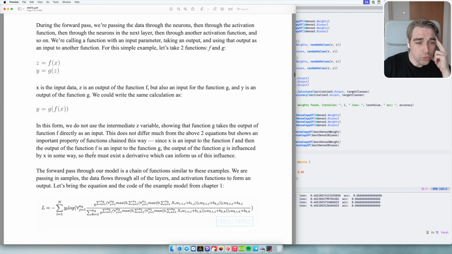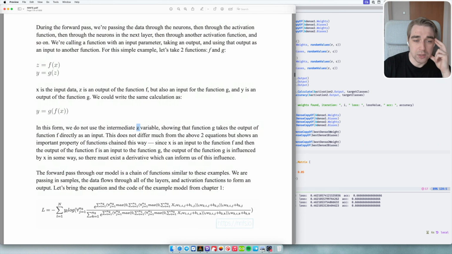In this form, we do not use the intermediate z variable, showing that the function g takes the output of the function f directly as an input. It doesn't differ much from the above 2 equations, but shows an important property of functions chained this way.